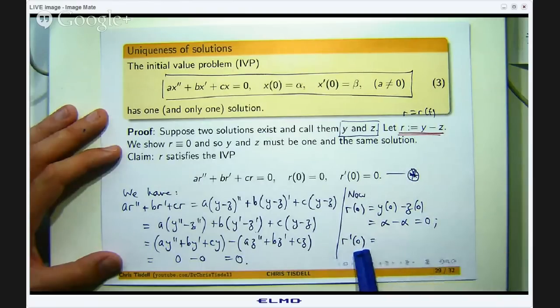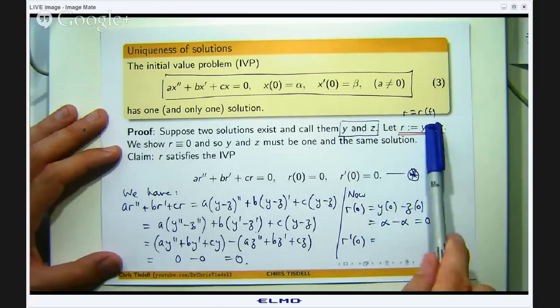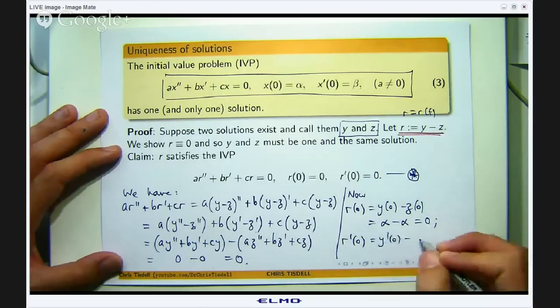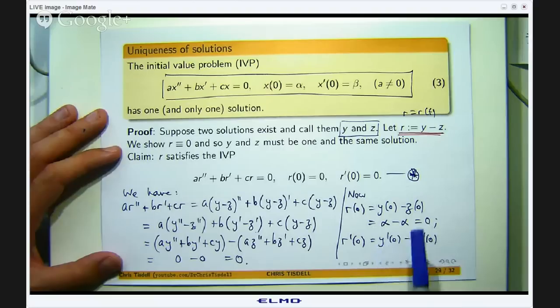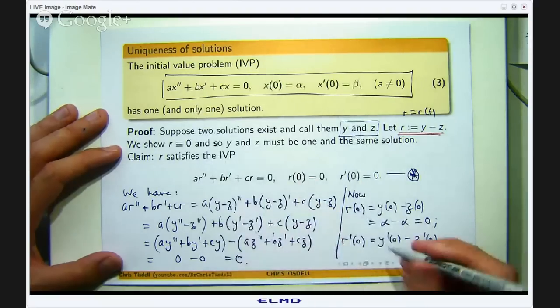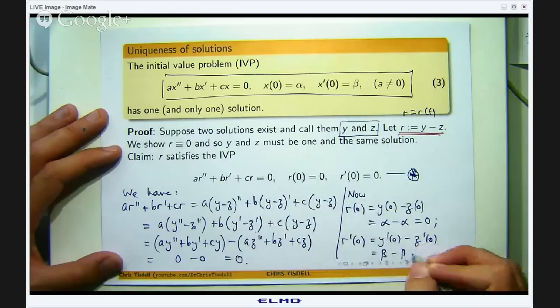And R dash of 0, well, that's just from here. If I differentiate and plug in 0, I'll get y prime of 0 minus z prime of 0. Because y and z satisfy this, you know that that's beta and that's beta, and so their difference will be 0.